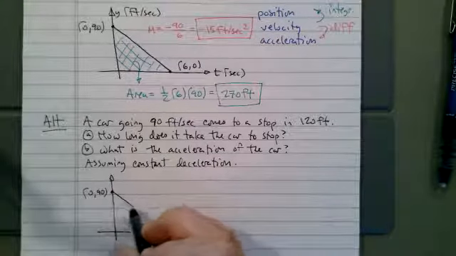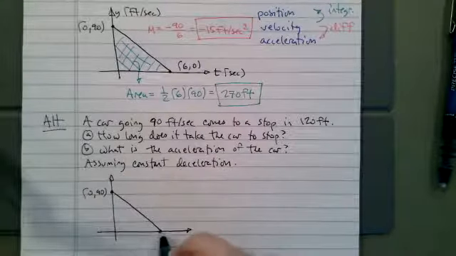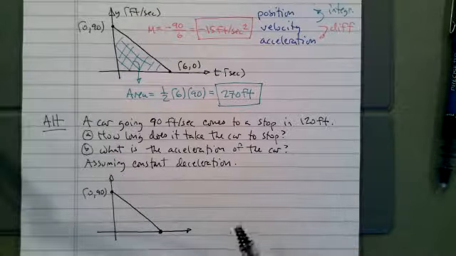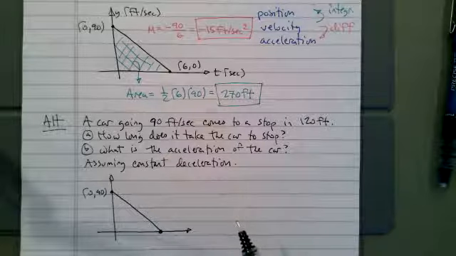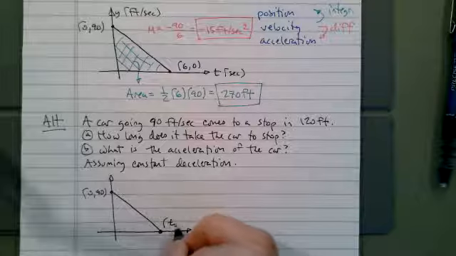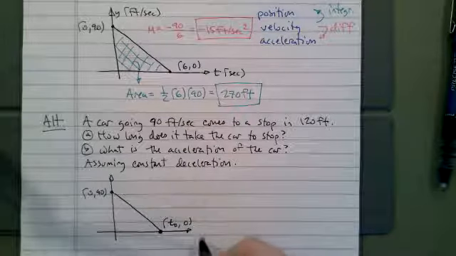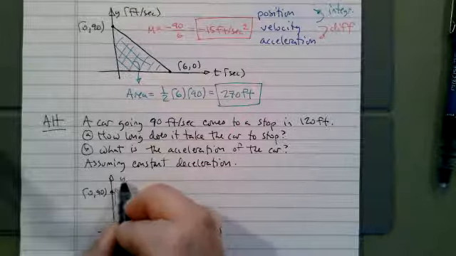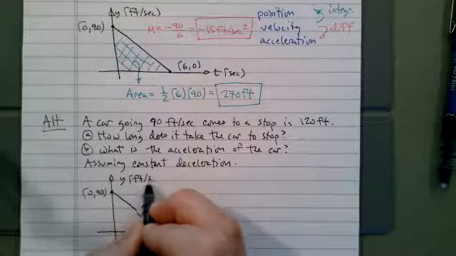But now we don't know how long this is going to take. So this stops not at 6 seconds, presumably less than 6 seconds, because it does so in 120 feet. So we don't know what that is. I'm going to call that t naught, when it's going 0. So there's t in seconds, and here's our velocity in feet per second.